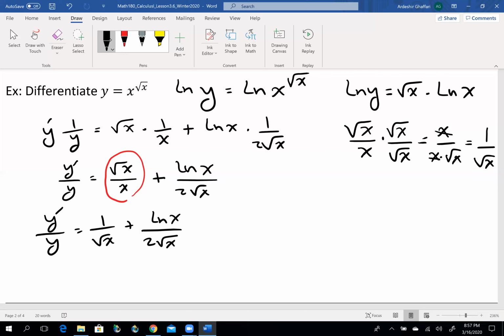If I multiply both sides by y, I'm going to have y prime equal to y times (1 over root x plus natural log of x over 2 root x).